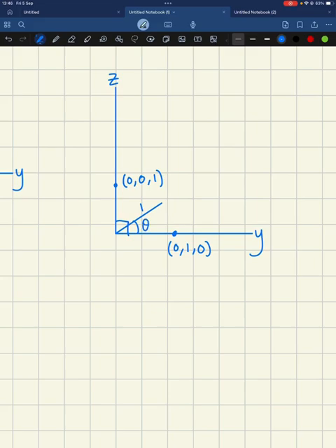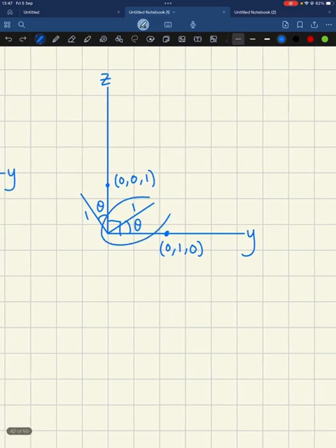Now we can do the same here, so we'll rotate it over here by the same angle theta, and this has still got a modulus of 1. And then now it's just the same as what we did for 2D. So this triangle over here, let's draw it out. So we've got a hypotenuse of 1, and then a right angle triangle like this. That's angle theta, and that's 1.